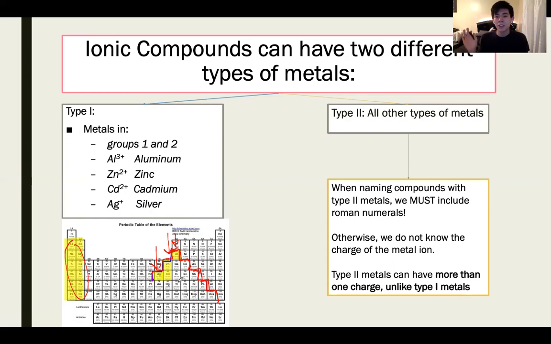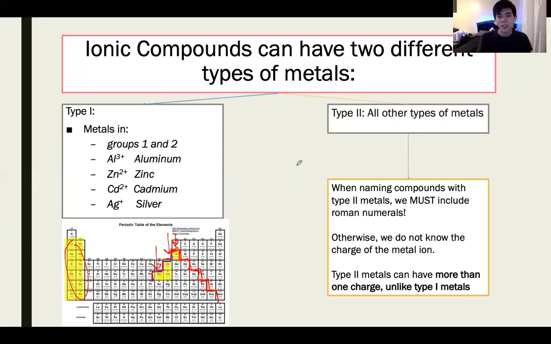And when we are naming compounds with type 2 metals, we always have to include a Roman numeral. Otherwise, we are not going to be able to know what the charge of that metal is because it can change depending on the way that it's bonded with the other atoms in the compound.